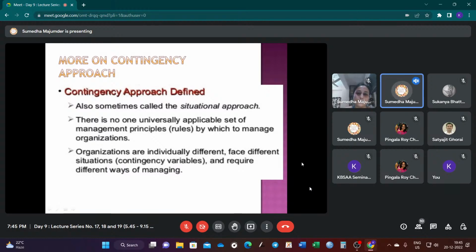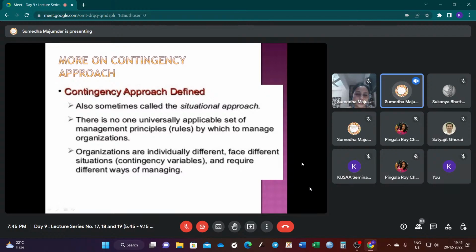And more on the contingency approach, I mention here for the exam point of view, it is sometimes called the situational approach, as our students face MCQ pattern questions. So it is very important to remember this. The contingency approach is also considered the situational approach.